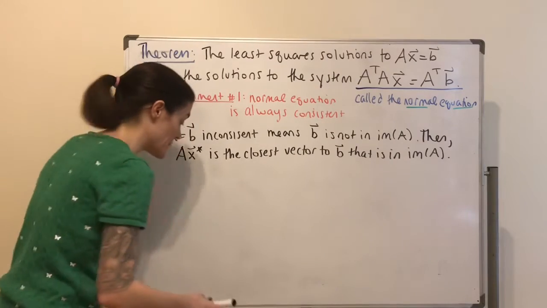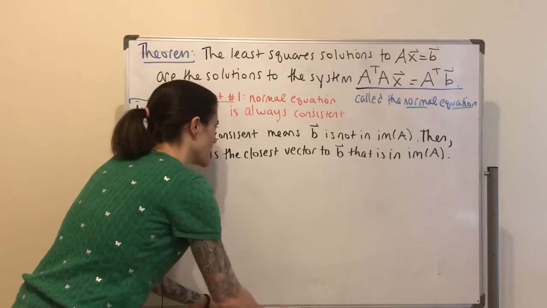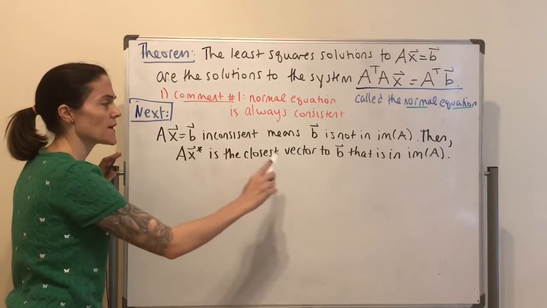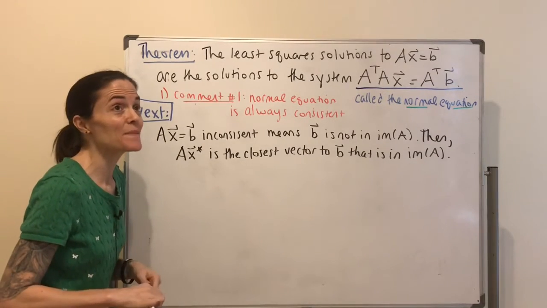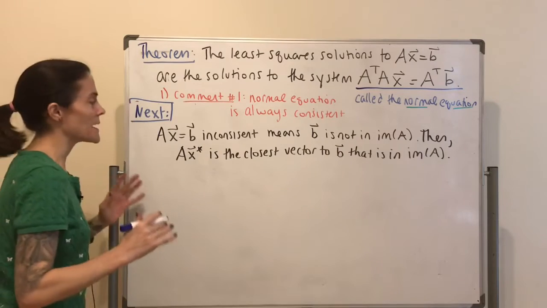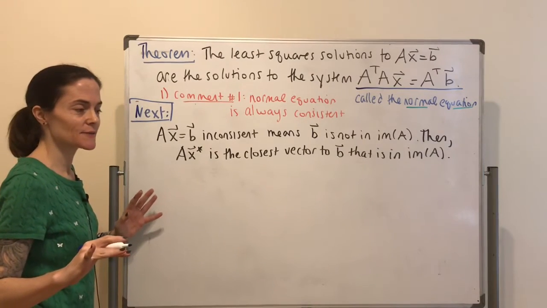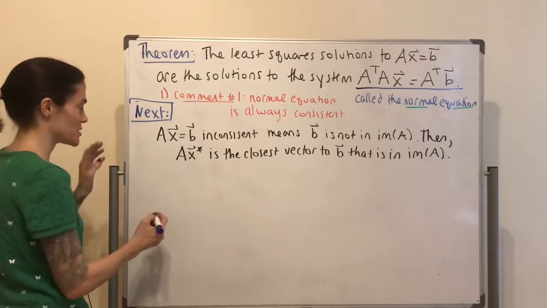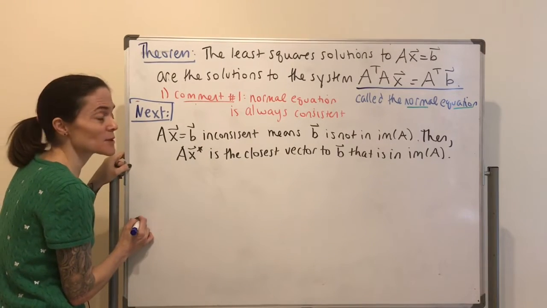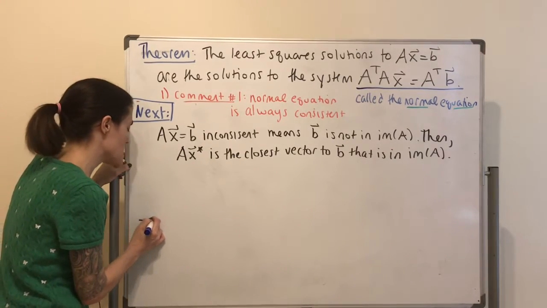Now let's draw a picture. So how can I get this closest vector to b that's in a subspace? Well, we have been doing this the whole chapter, but I'm going to draw a two-dimensional picture. My subspace, though, is only going to be one-dimensional.